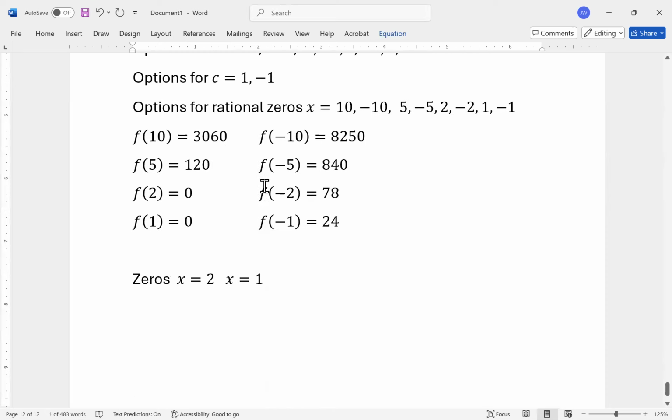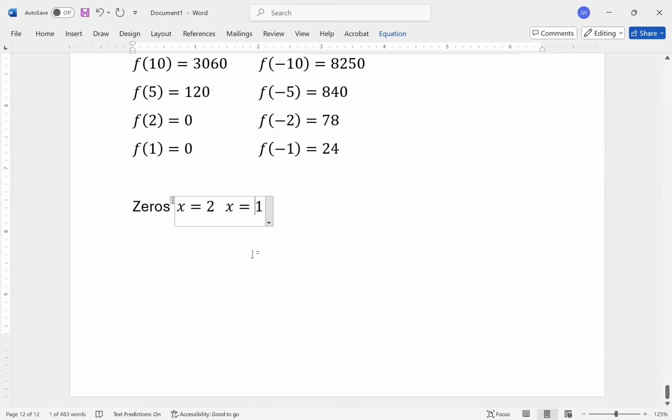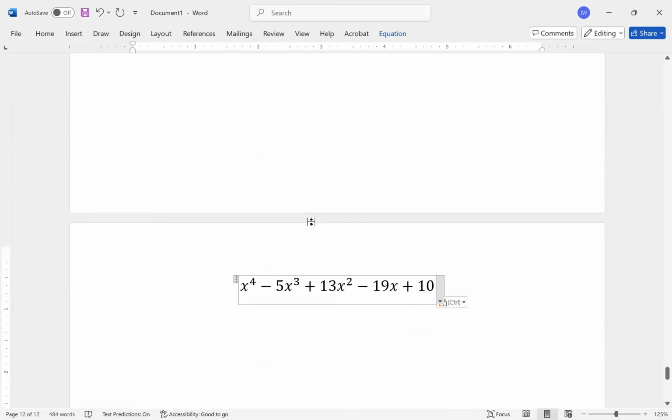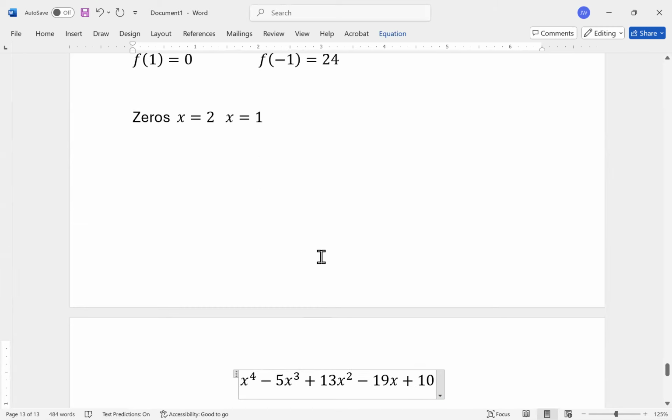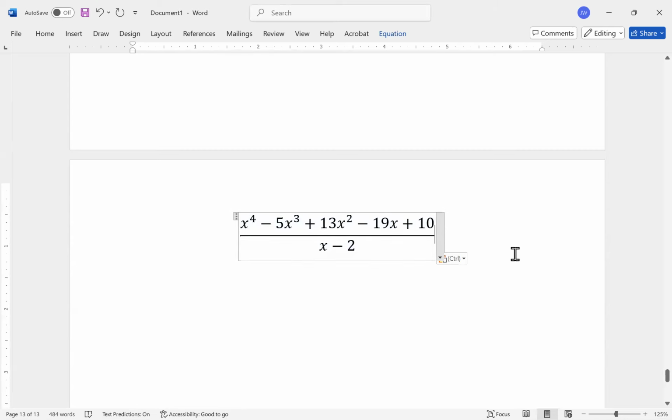And what I'm going to do is take that fourth degree polynomial, since I know that this has a zero of 2, and divide it by x minus 2. I'll use synthetic division to do that. In fact, I'll do that on my own real quick.